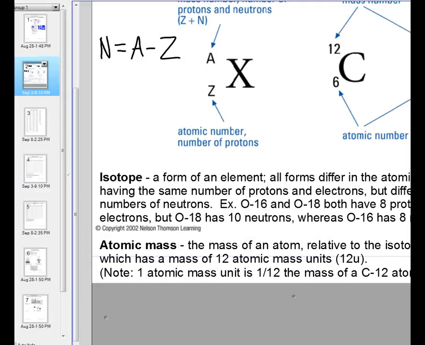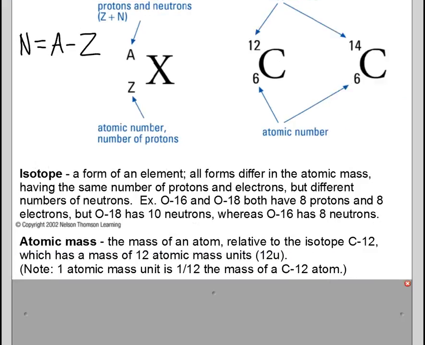All right, returning to our other slide here, the second definition we want to add based on this discussion is what atomic mass exactly is. So it's obviously the mass of an atom, but when we refer to atomic mass, we're actually really describing the relative atomic mass.